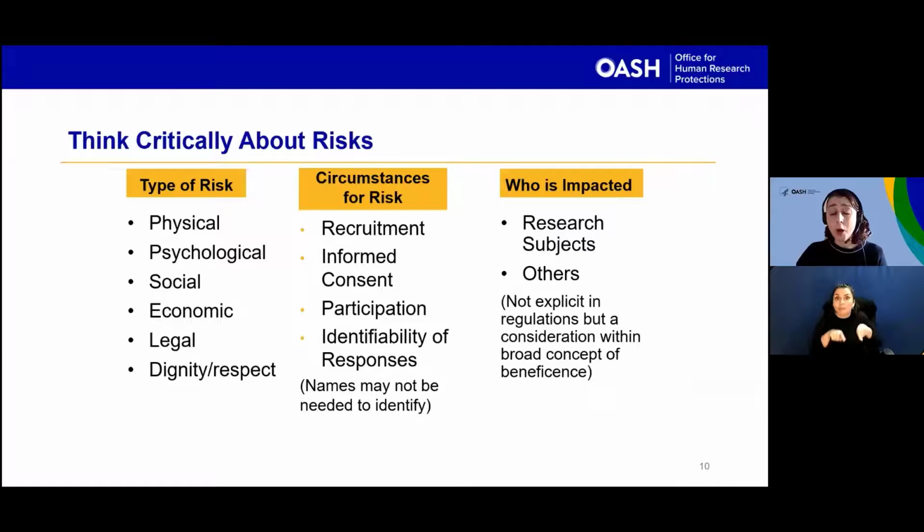Of course, if our participants are identified with their responses, and if their responses include, let's say, sensitive information, including information about peers who they identify as cyberbullies, there may be the additional risk posed by the identifiability of the responses. And the impacted parties, in this particular case, may be those about whom research participants disclose damaging information, in addition to the research participant herself.